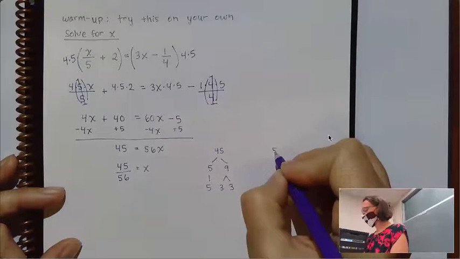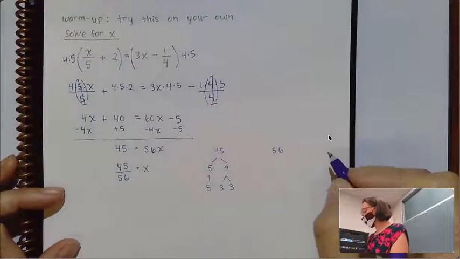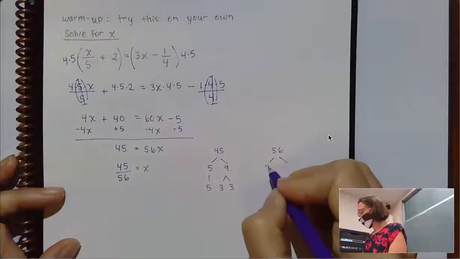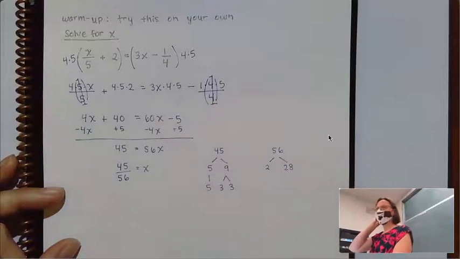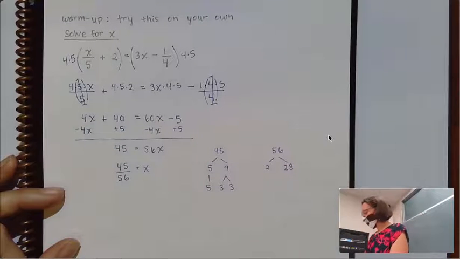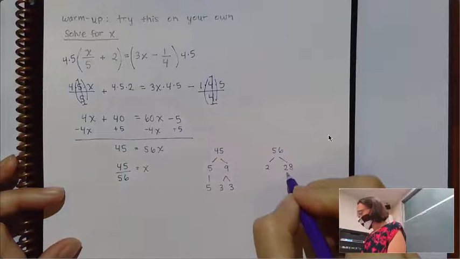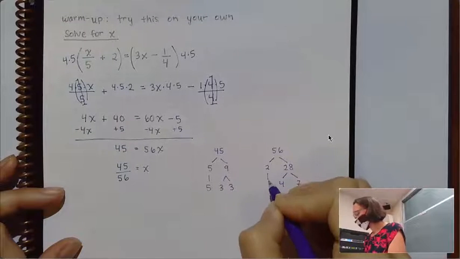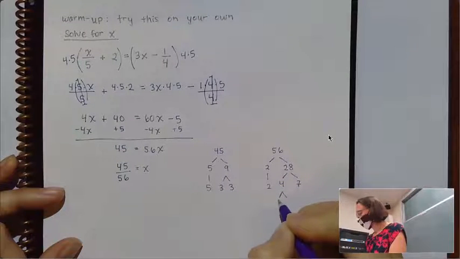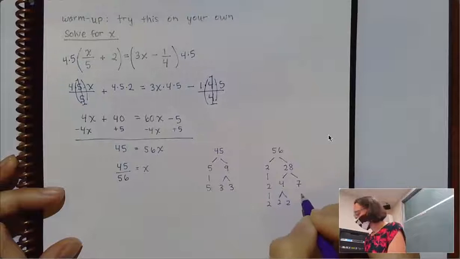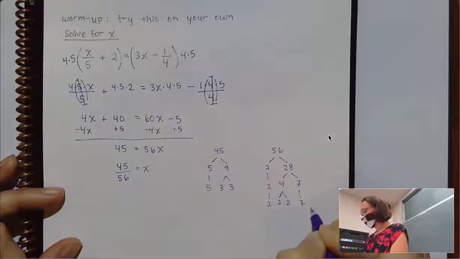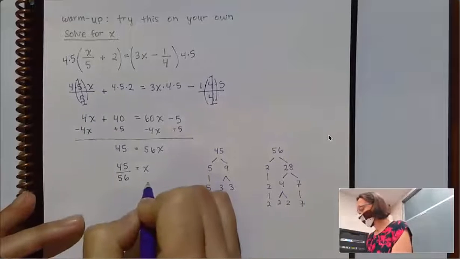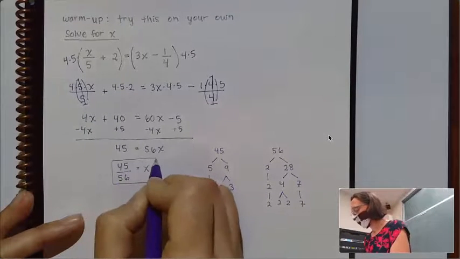And 56, at least it's divisible by 2. That's 2 times 28. And then 28 is 4 times 7. And 4 is 2 times 2. But it looks like those don't have any common factors, which means this actually already is in lowest terms.